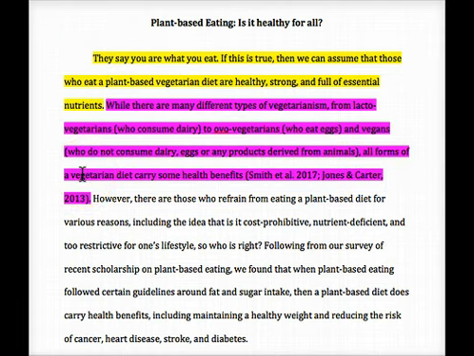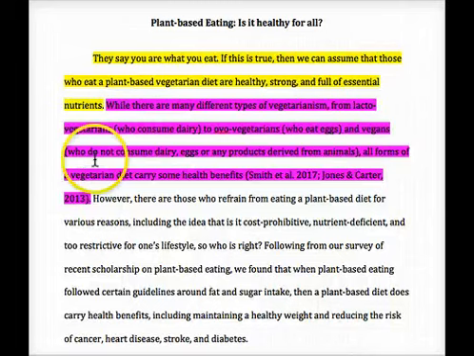So what this one is doing is basically giving a little bit of background information to the reader. It's defining what they mean by plant-based eating, and they've given us three separate categories of different types of vegetarians or different types of plant-based eating.